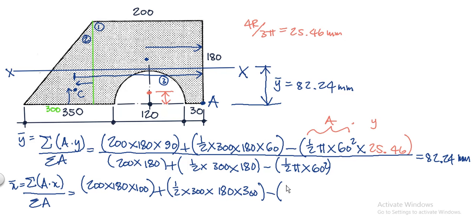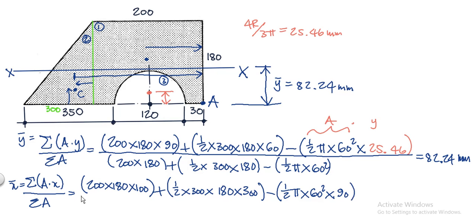What's the area for a semicircle? It's half pi r squared, pi times 60 squared. Right, what's x for the semicircle? X is the distance from the centroid of the element to the line we've taken moments about. So it is 60 plus 60, so it's 90.